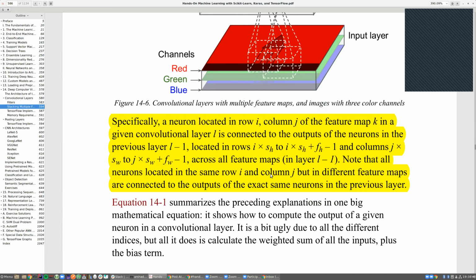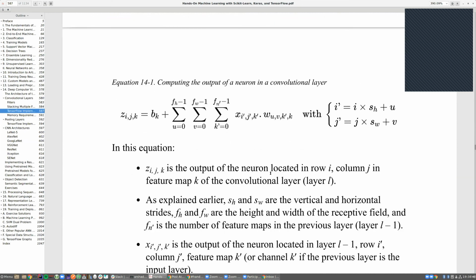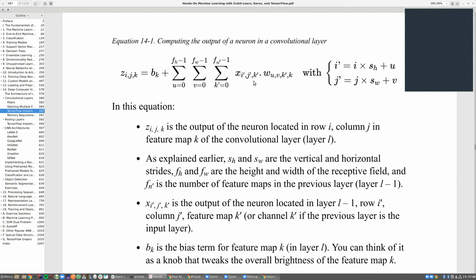Okay, and so this is the equation of how a particular neuron, in layer K, is computed from the height and width of the original input, as well as, at a particular level, the values from the previous layer times the weights on the current layer. So this is the mathematical description of what we've just been talking about.